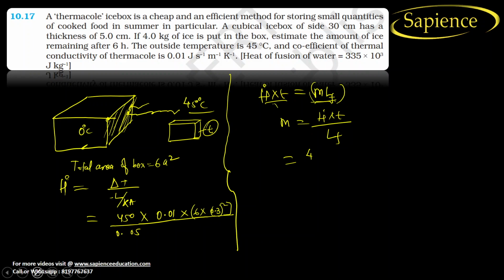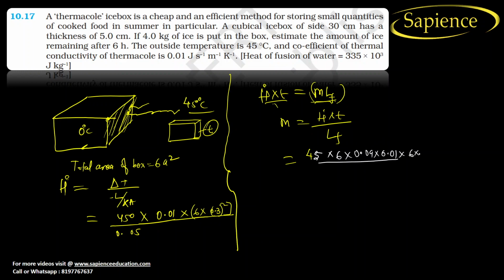The value of H dot we have is 45 into 6 into 0.3 squared into 0.01, divided by 0.05, into the time they have given, 6 hours.